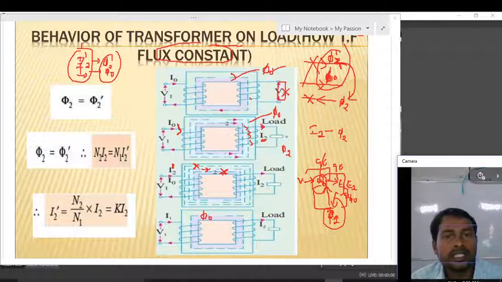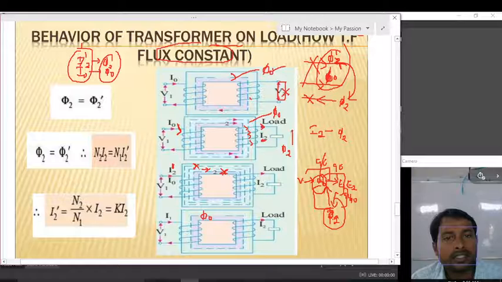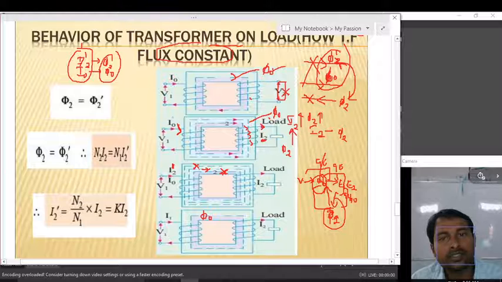If the load increases, the secondary current I2 increases, phi 2 increases, and corresponding to it the primary current I2 dash increases, and the flux phi 2 dash increases.